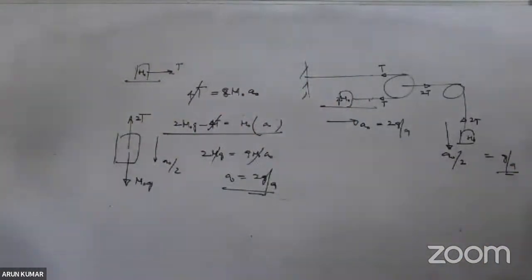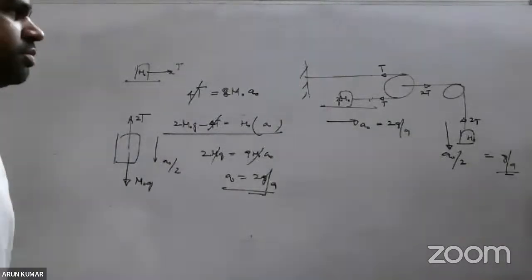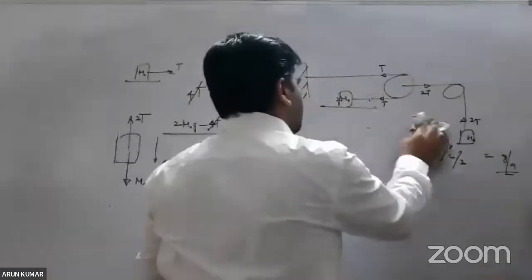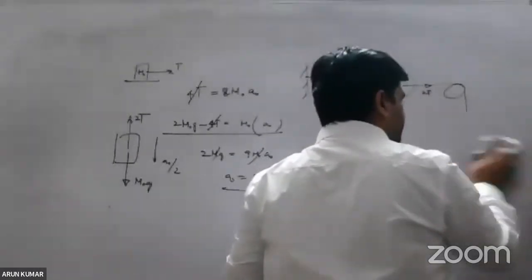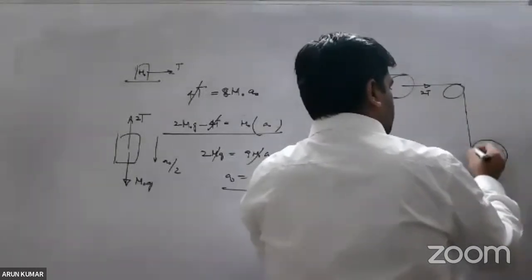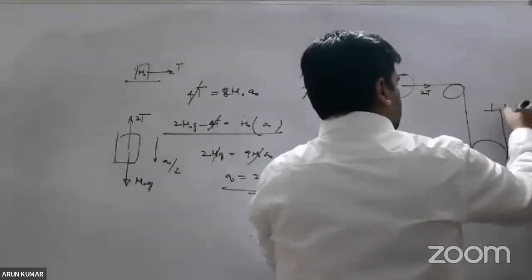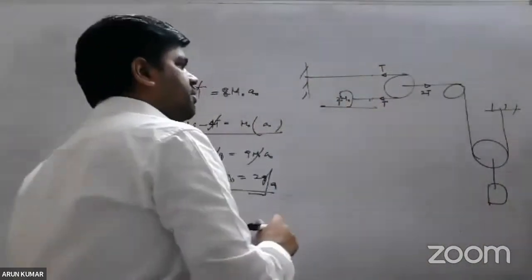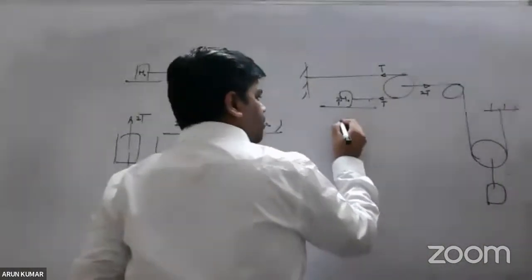All right. Now let me complicate this a bit and then we'll go for the next problem. Now this, I'll not come back to this method again. Think about this carefully and answer the questions. If this is A naught, what is the acceleration of the lower block?